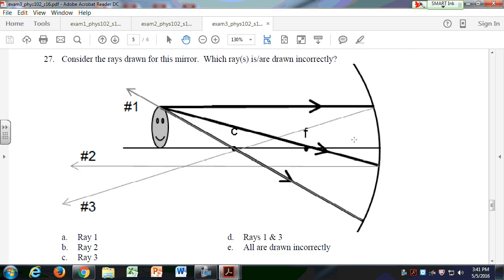Oh yeah, it goes through the center of curvature. Yes, number 3 is wrong. Why is number 2 not in the focal point? Is it just so you can see the focal point? I think that is. It hits the focal point, sort of. I think it's just a little bit. Okay.